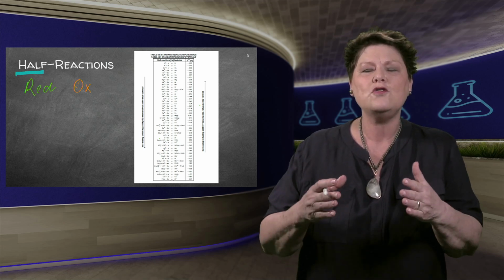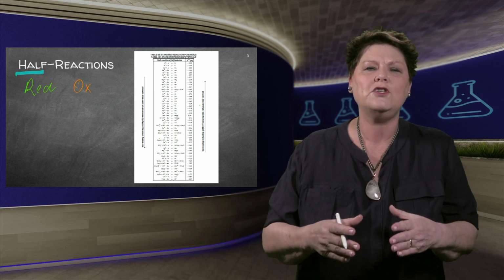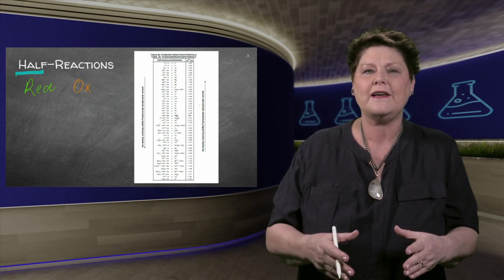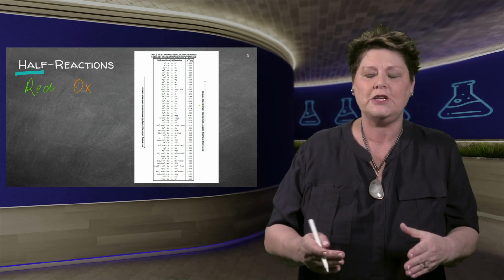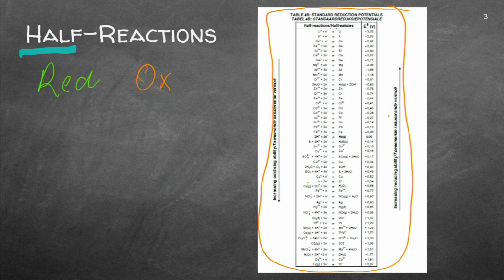I need you to get your table 4, which will always be provided to you when you get your periodic table and your information sheet. You've got a table with standard electrode potentials. It looks like that. I usually work with the one with the lithium at the top.